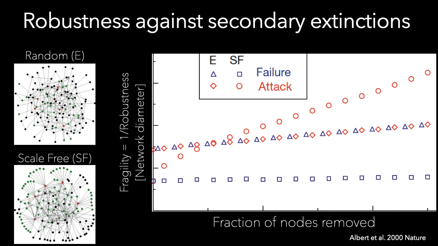When we look at the right side of the display, we can see also that the authors employed two types of tests of network robustness. Indeed, we can think of many ways a primary extinction can occur.